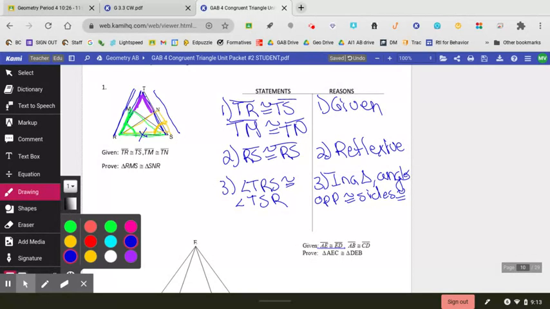So now also looking at those two sides, I also know TM is congruent to TN. So if I look at that blue and the purple, if I subtract those, I get the green, which is the side of my triangle. And if I do the same thing on the other side, I get yellow, which is the side of my triangle. So I'm going to do that subtraction. TR minus TM is equal to TS minus TN, and that's subtraction.